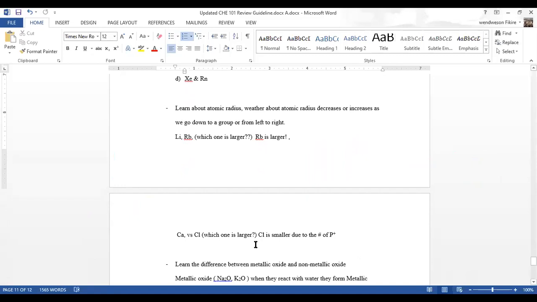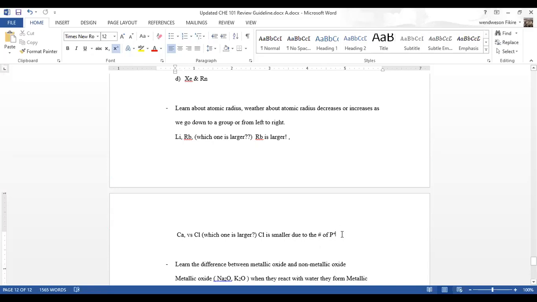So calcium versus chlorine, for example, which one is larger? Again, you're going to look at the periodic table. Chlorine is smaller because chlorine is found on the right side. Chlorine is smaller due to the larger number of protons. If the proton number is higher, there's going to be a bigger attraction from the nucleus. It's called the nuclear effect.